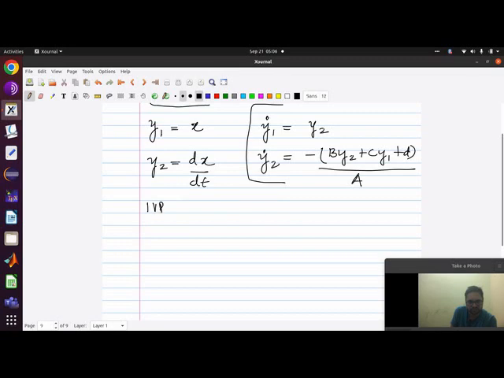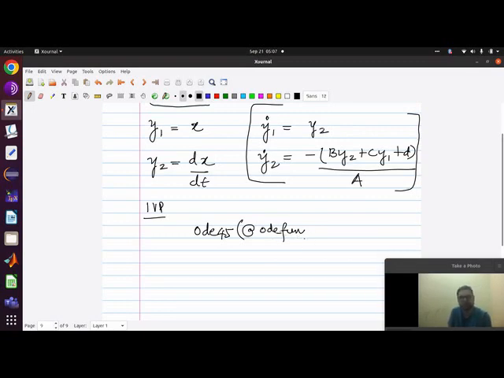So now the initial value problem can be solved in MATLAB using ODE45, which uses the RK45 method. Here you need to give in MATLAB your ODE function, which takes y1 and y2 and computes y1 dot and y2 dot.